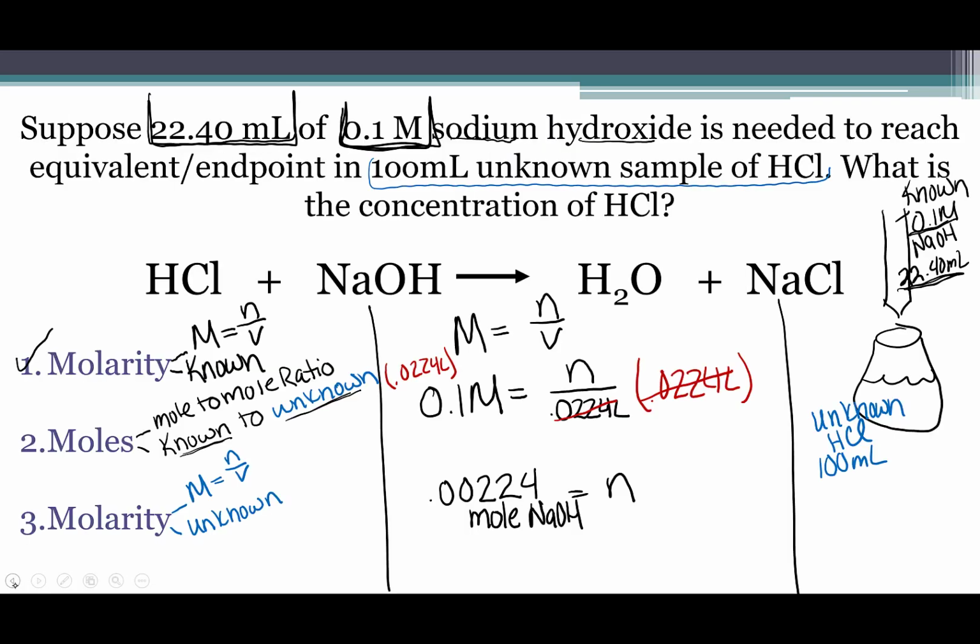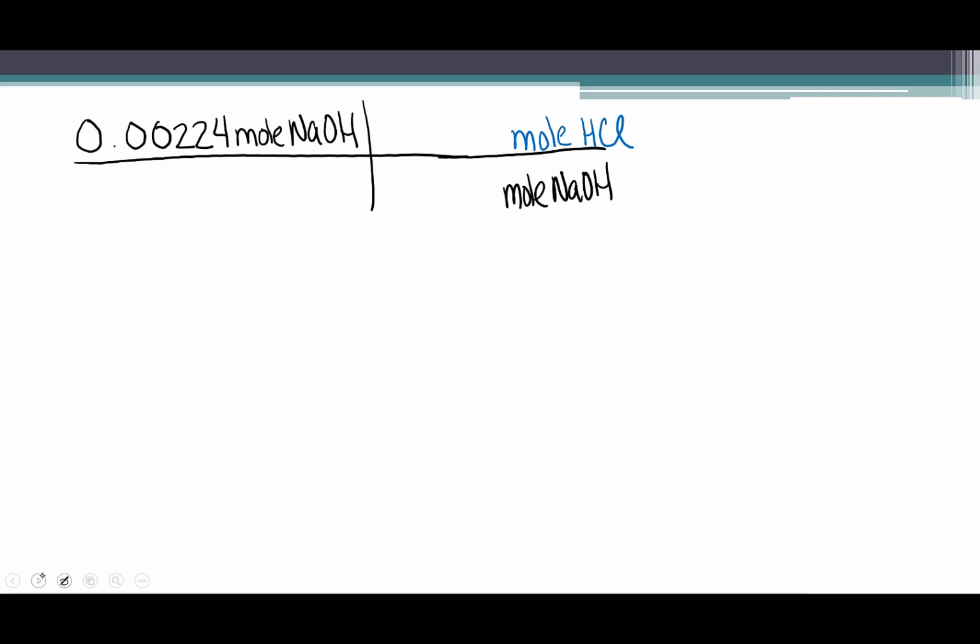We go to the coefficients from the balanced chemical equation. So this one, and it's not always going to be the case, this one happens to be a 1-to-1 ratio. So the coefficient for both of these is 1. So we have 1 mole of hydrochloric acid, 1 mole of our sodium hydroxide. So we multiply across the top, divide by the bottom, and the answer to this one is 0.00224 moles of now HCl, our unknown. Okay.